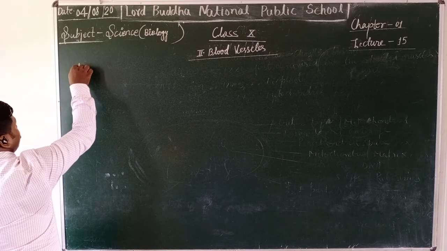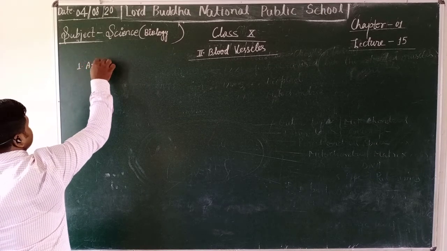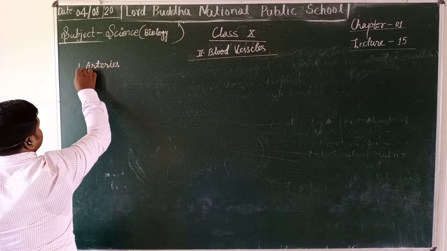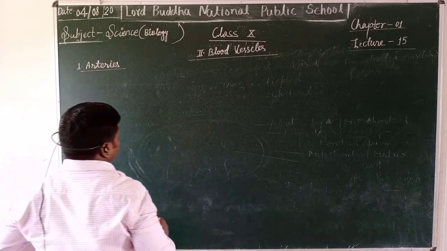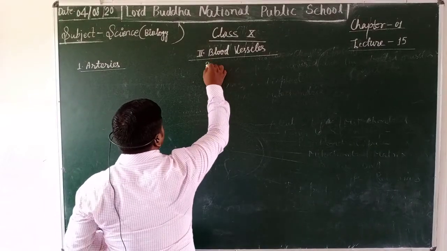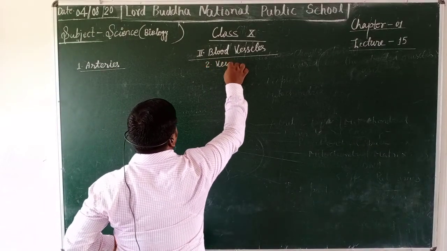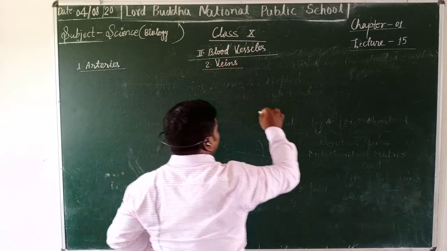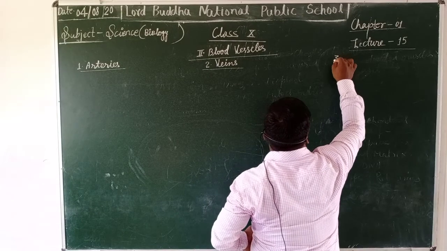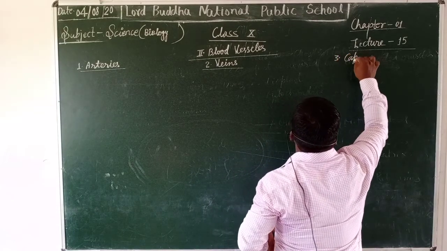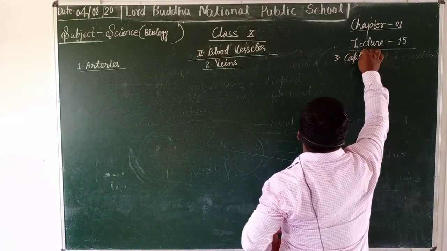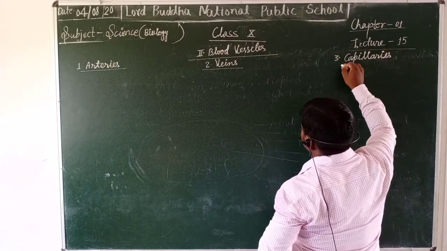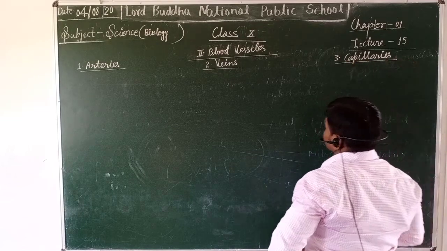These are arteries, the plural of artery, veins, also the plural of vein, and the third is capillaries, the plural form of capillary.